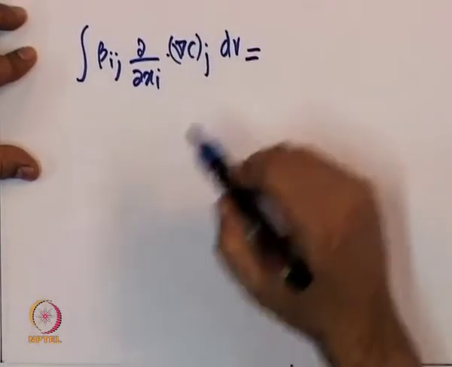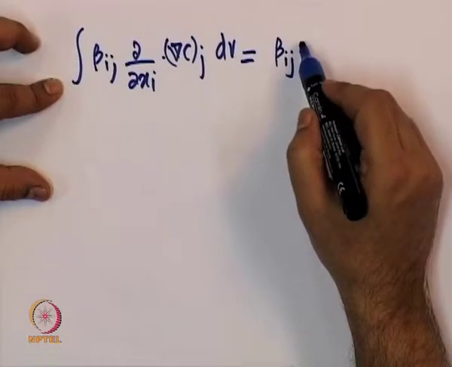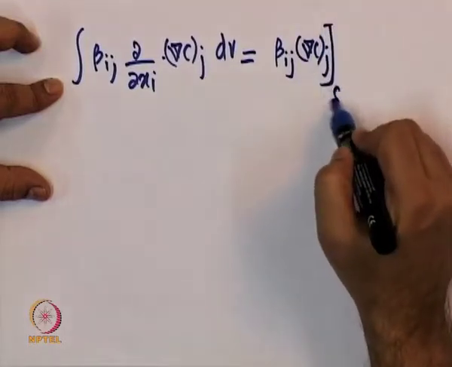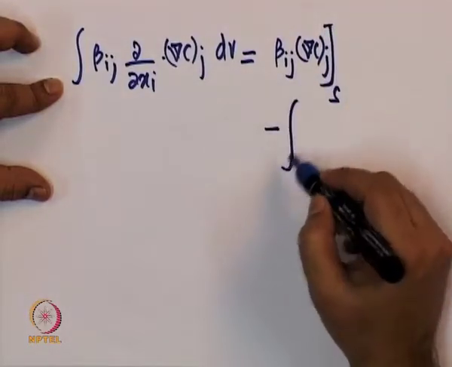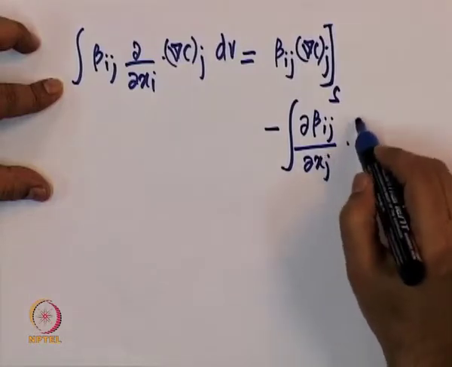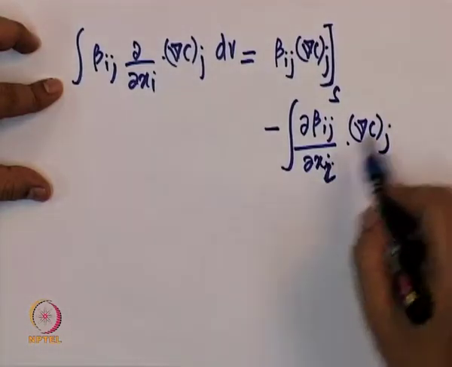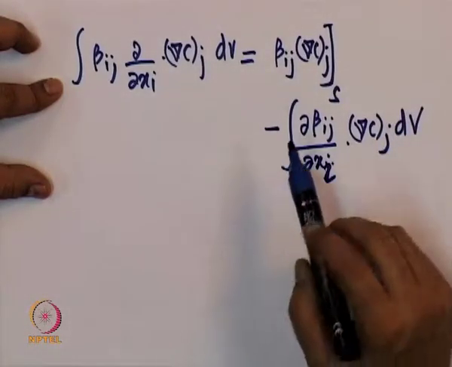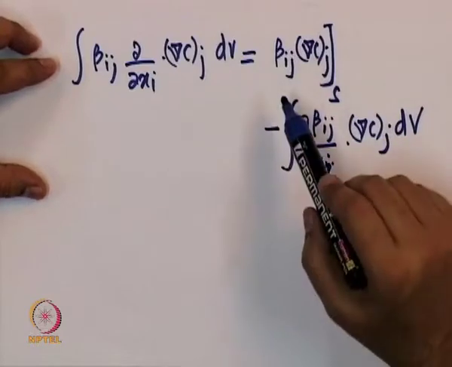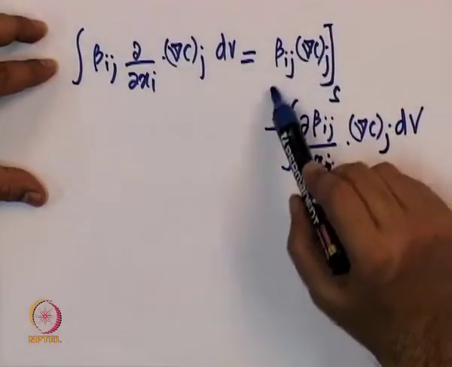That is nothing but beta_ij ∂C_j evaluated at the surface, minus the integral of ∂beta_ij/∂x_j ∂C/∂x_i ∂C_j dV. Suppose you are interested in an infinite system, or you are not interested in what is happening at the surface, or you choose the surface for your volume in such a way that the opposite surfaces give equal contribution.